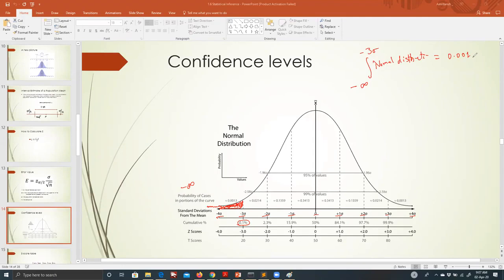Similarly, if you try to go from negative infinity to minus 3 sigma, yes, this is why I have shaded this area.